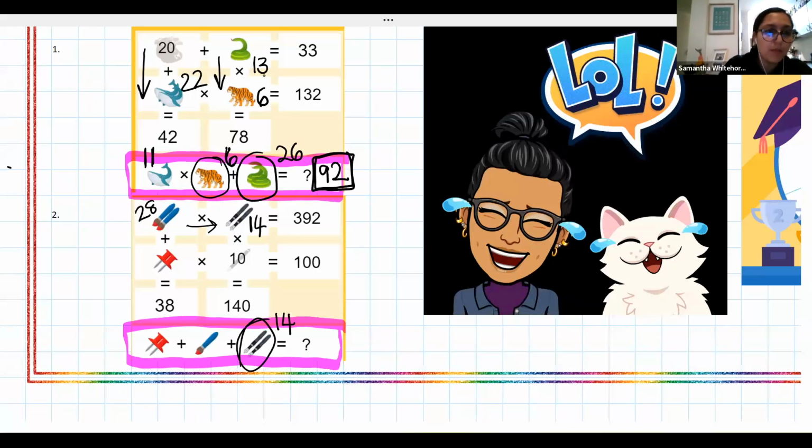So these 2 paintbrushes is 28, which means down at the bottom, 1 paintbrush is 14. And then if I go down this column, 28 plus what gives me 38? That's nice and easy. 28 plus 10, so the 2 pins are 10. So now we've got 10 plus 14 plus 14, which gives us 38 as our final answer down here.